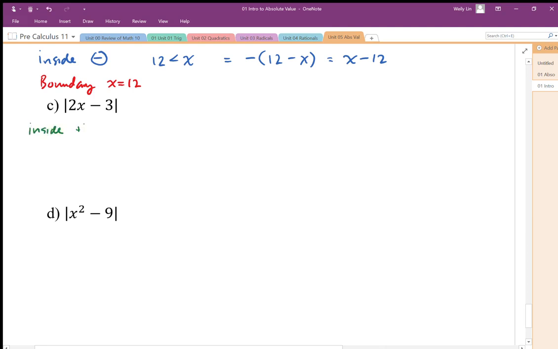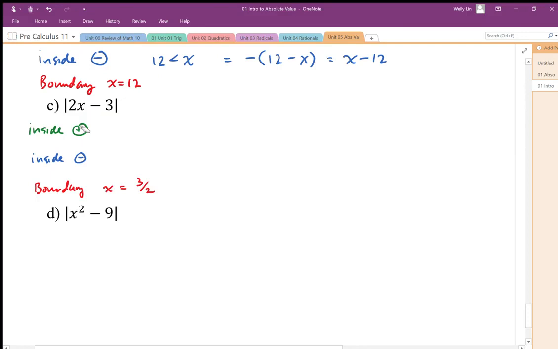So we need to establish the inside being positive. That's going to be one piece of our piecewise function. And then when the inside is negative, and to do that, we establish our boundary of 0. The boundary here is going to be when x equals positive 3 over 2, or 1.5.